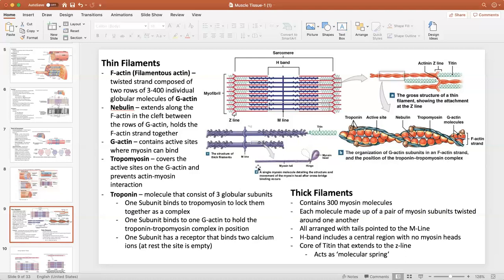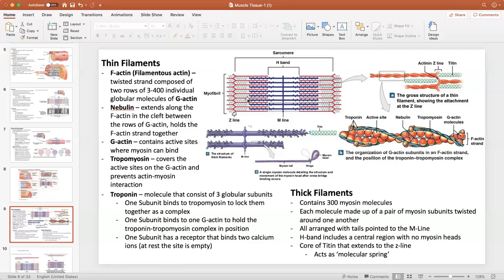So all of these are connected and arranged around this middle line, this M line. The H band again contains just this thick filament, and this gets smaller as the myosin heads connect to the actin and cause contraction and pull the thin filaments together, so it'll get shorter.